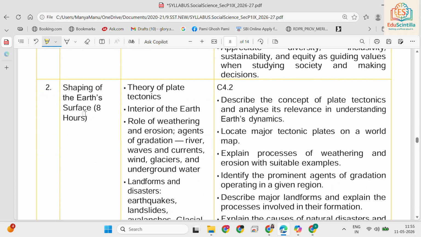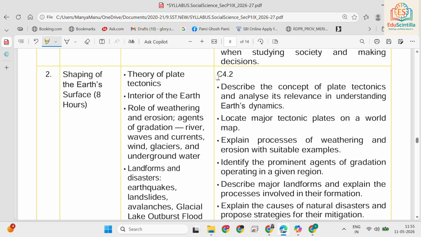This covers the theory of plate tectonics, interior of the earth, role of weathering and erosion, landforms and disasters. You can see this chapter includes competency 4.2. To know what competency 4.2 is, you should go back to the competencies given on the previous page. So you can have a look here.